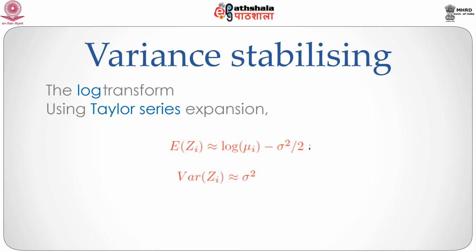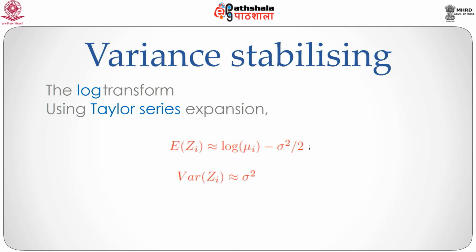This is given by log of yi equal to log mu i plus 1 over mu i into yi minus mu i, minus 1 over 2 mu i square into yi minus mu i whole squared, assuming that sigma square is small. Taking expectation, we see that expectation of zi is approximately log mu i minus half sigma square.